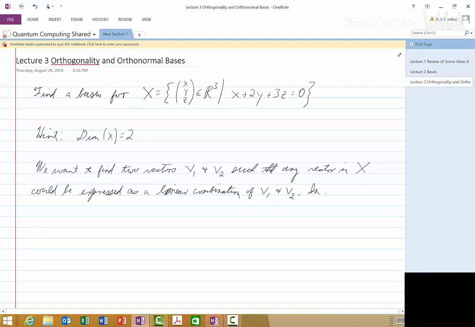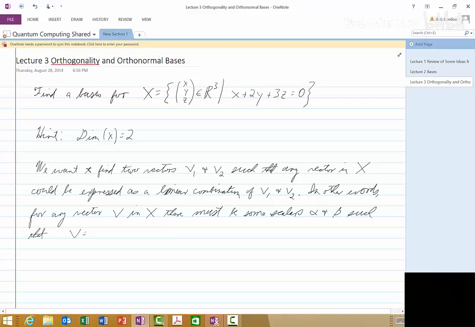In other words, for any vector v in X, there must be some scalars, alpha and beta, such that v is equal to alpha v1 plus beta v2. Okay, so that's what we're looking for.